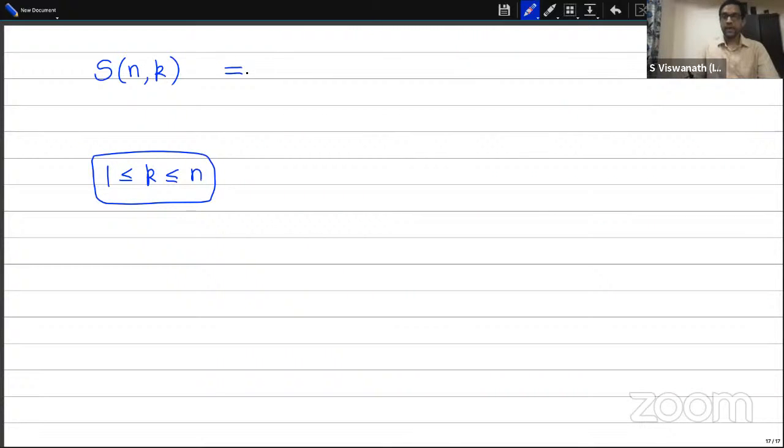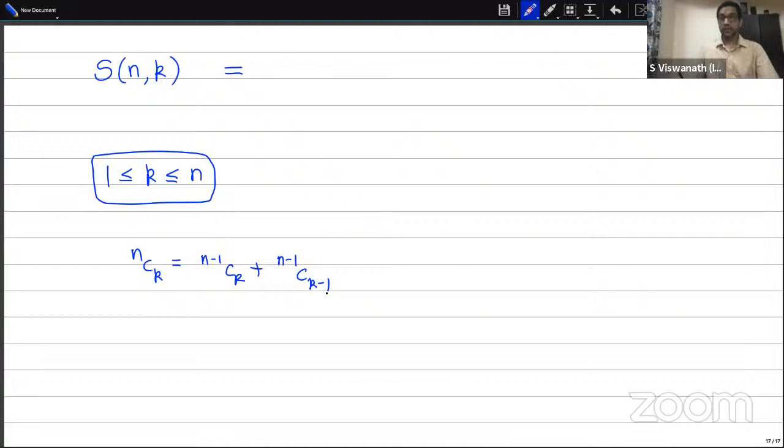Recall we had a similar recurrence for the binomial coefficients. If I had to say what is n choose k, we said, okay, let's take how many ways to choose k fellows. Let's assume one fellow is chosen or that one fellow is not chosen, and that gave you a split into 2 pieces. So this was the recurrence for the binomial coefficients.